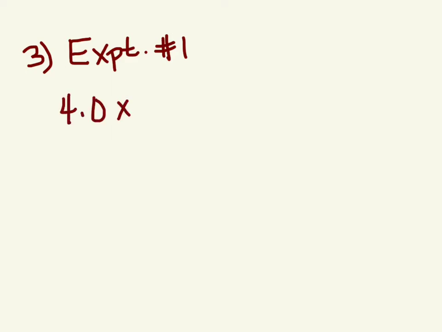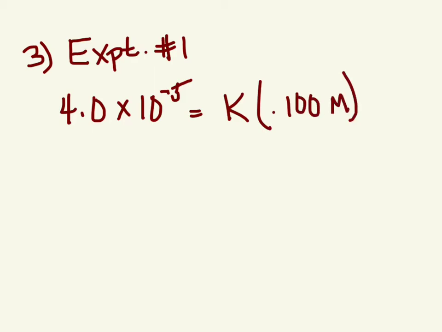Question number 3 says calculate the rate constant. So all I'm going to do is take the data from experiment number 1. You can look at that on your paper from the data, and I'm just going to fill in numbers into that rate law expression. So from experiment 1, the rate is equal to 4 times 10 to the negative 5th, and that's going to equal K times 0.100 molar, squared.